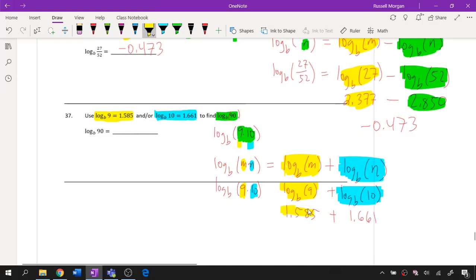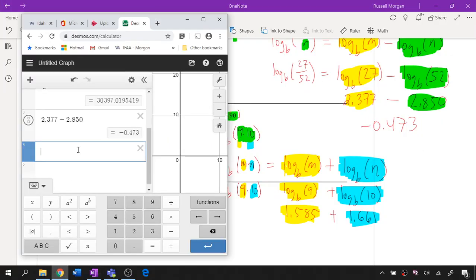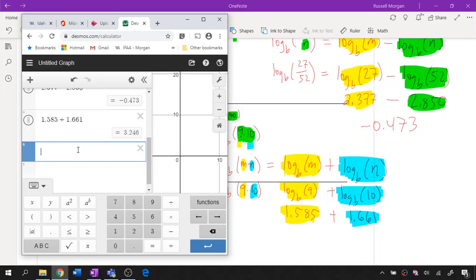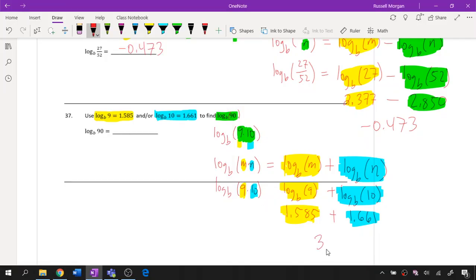So all we got to do is take the value for the yellow one and add it with the value for the blue one. And that's how we can do this squished together multiplication. Of course, I can probably add that by hand or in my head, but let's just go for ease. 3.246, and there we go, 3.246, and that's what we would get.